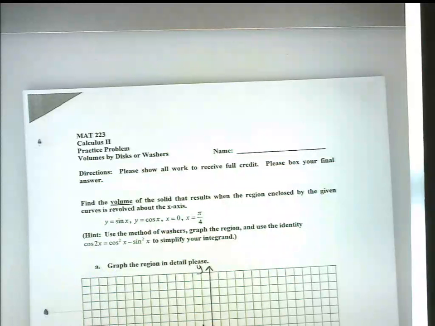Find the volume of the solid that results when the region enclosed by the given curves is revolved about the x-axis. y is equal to sine x, y is equal to cosine x.